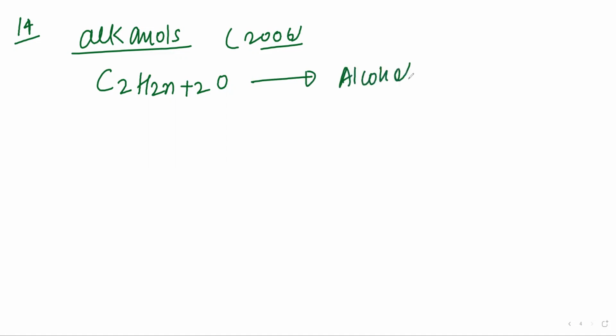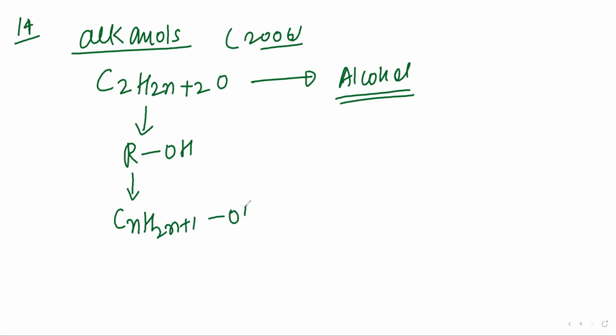Alkanol is also called alcohol, so it can also be written as ROH. And for R, we know the formula is CnH2n+1, with OH. So here H is taken, and it becomes CnH2n+2O, alkanol.